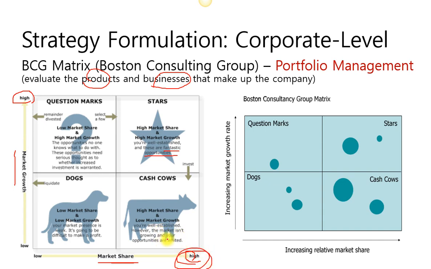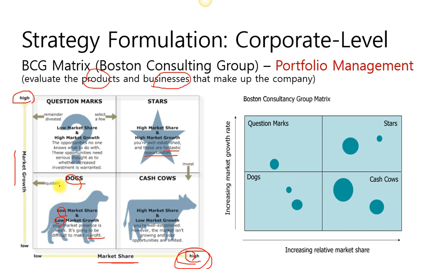However, the market isn't growing and your opportunities are very limited. And then dog is when you have low market growth and you also have a low market share. The growth is low, and you also have a low share. Your market presence is weak. It's going to be difficult to make a profit. So that's why it's called dog.